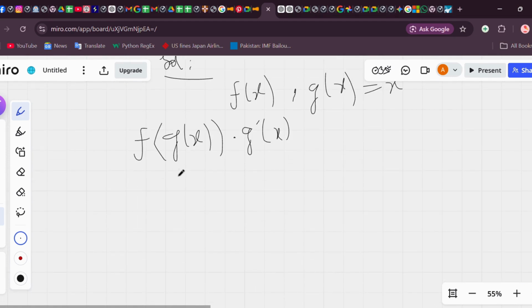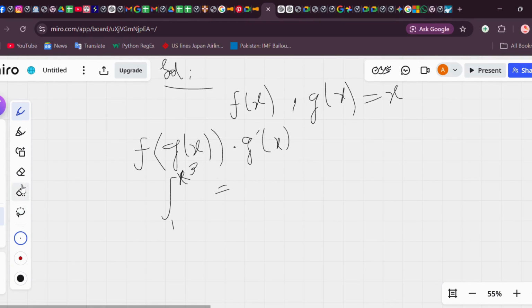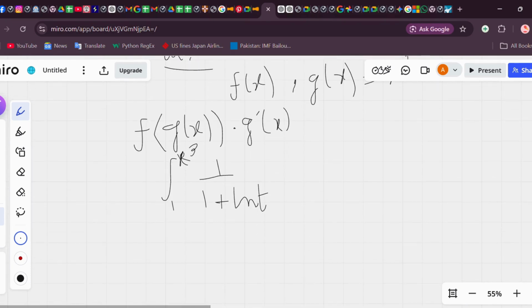So the integral from 1 to x power 3 of 1 over 1 plus ln t.